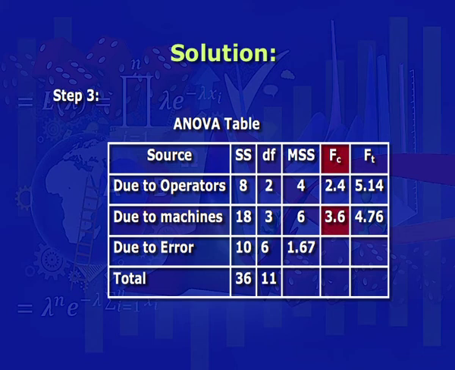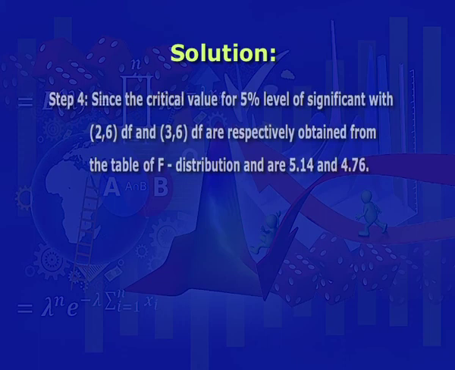Similarly, F calculated for machines is the ratio of 6 divided by 1.67, which comes out 3.6. Now, we see in the F table for operators degrees of freedom 2 and 6, and for machines degrees of freedom 3 and 6. Let us see in next step.